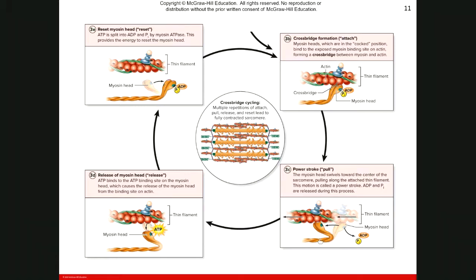So it starts to move, and this movement means a sliding of actin and myosin over each other. And after that, this head of myosin releases from the actin here. They separate from each other, and when they become separated, again another ATP attaches to the myosin head. It's broken down to ADP and phosphate and brings back this head to its normal location.